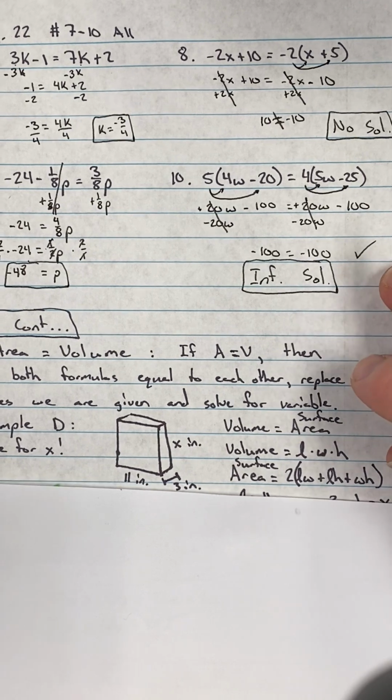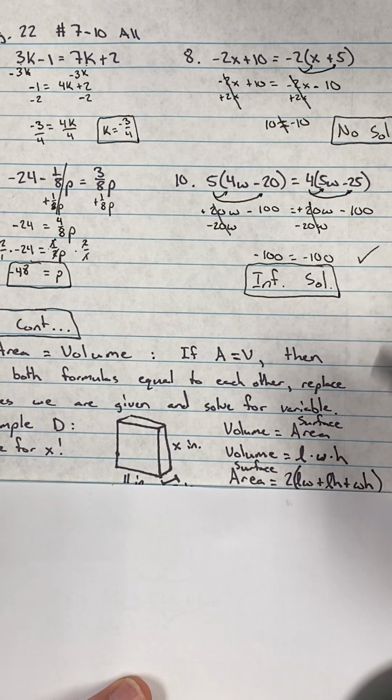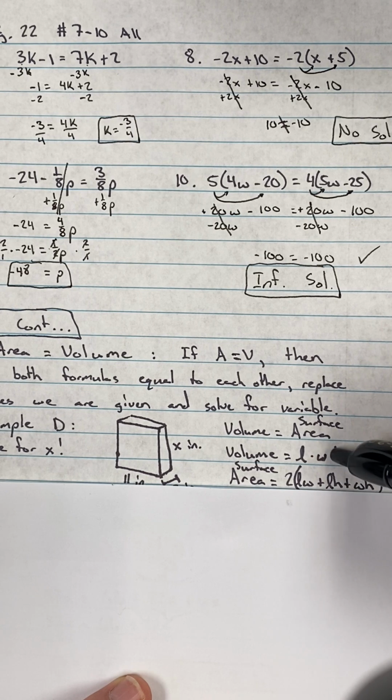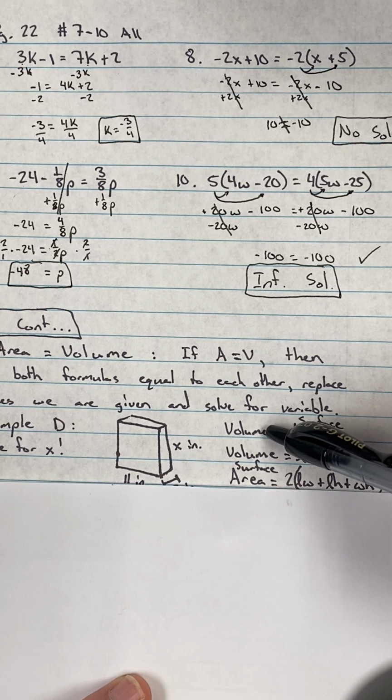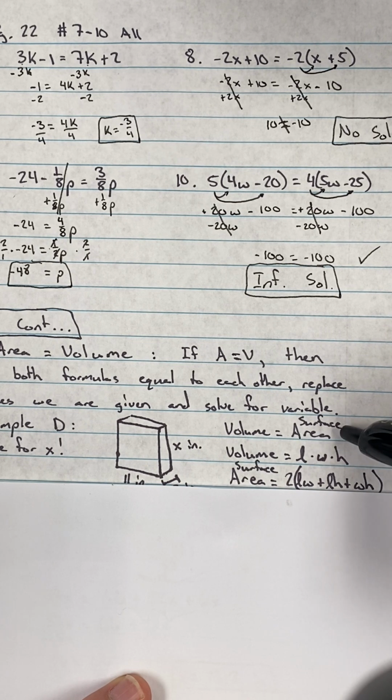All right, so now that we know that, and we know that volume and surface area are the same, we can now set both of these formulas equal to each other, because that's what we were told, right? So we're going to replace volume with the formula for volume, okay? And we're going to replace surface area with the formula for surface area.